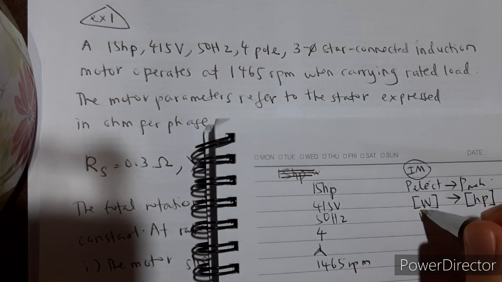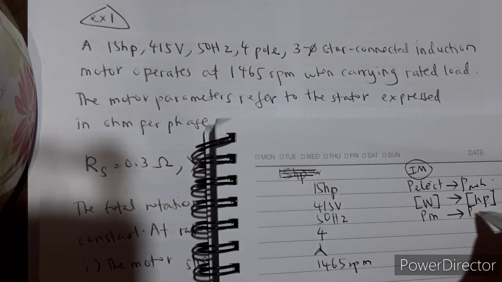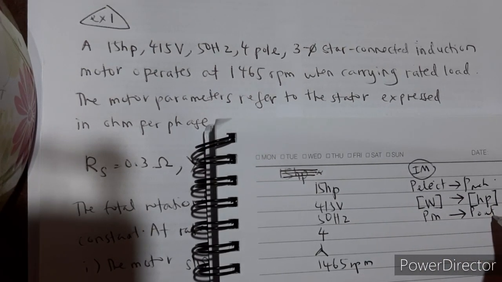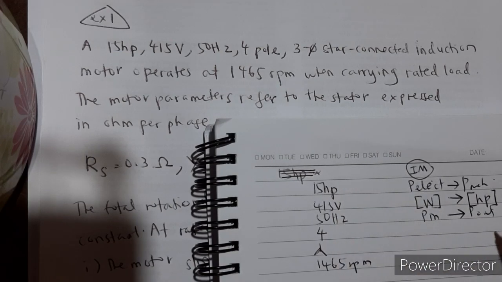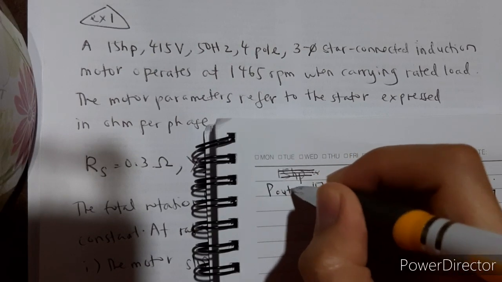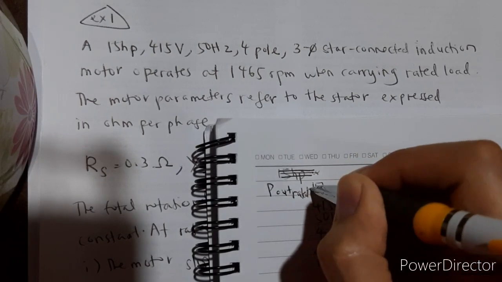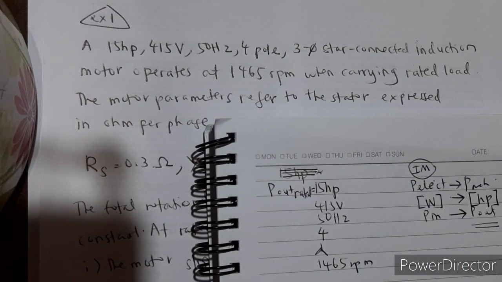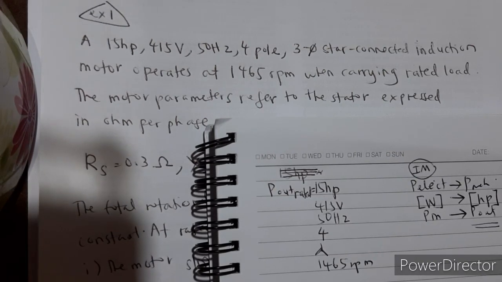So this is your P in converted into P out. Actually the given 15 HP is your P out, but it is P out rated, just like I've explained before. Usually they will give you the rated value.